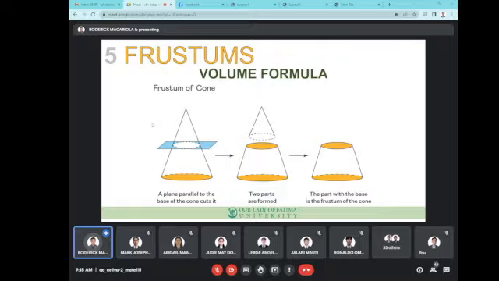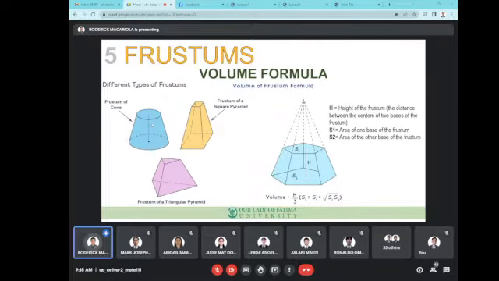Now for frustum, so this is a cone. Ang frustum, guys, if you cut it with a section that is parallel to the base, two parts are going to be formed, the upper and the lower. So yung lower part, yun yung tinatawag natin na frustum of a cone. Meron ding frustum para sa mga pyramidal prisms.